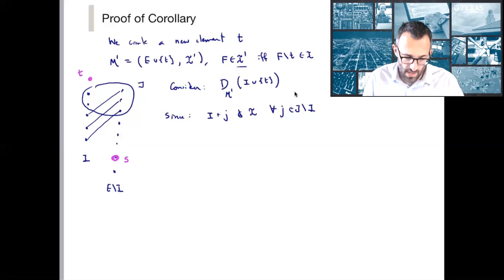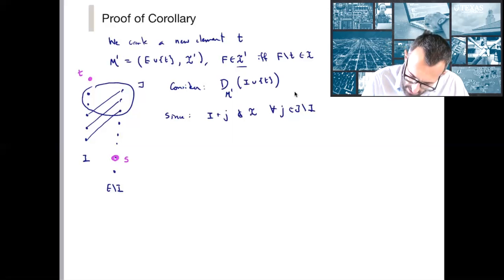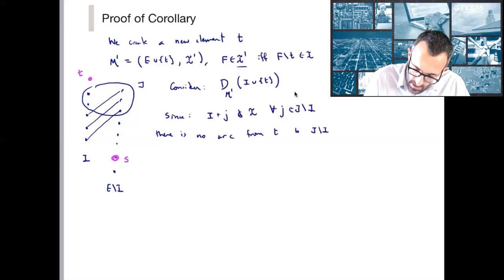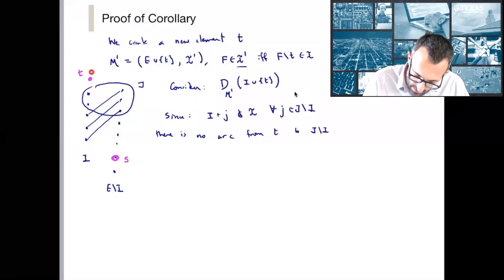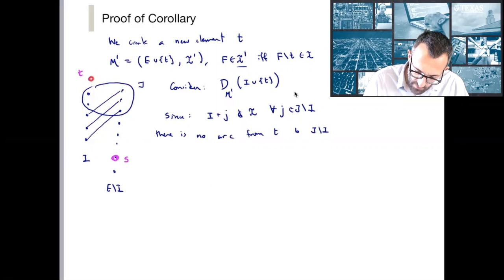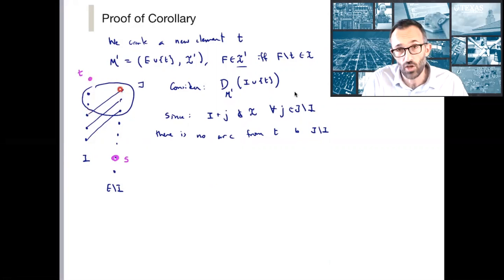So since I plus j is not in I for any j, this means that there is no arc from T to J minus I. So an arc like this cannot exist, because if there were such an arc, it would mean that I union T is an independent set, and I could swap T for one of these j's, and I union that j would be an independent set.